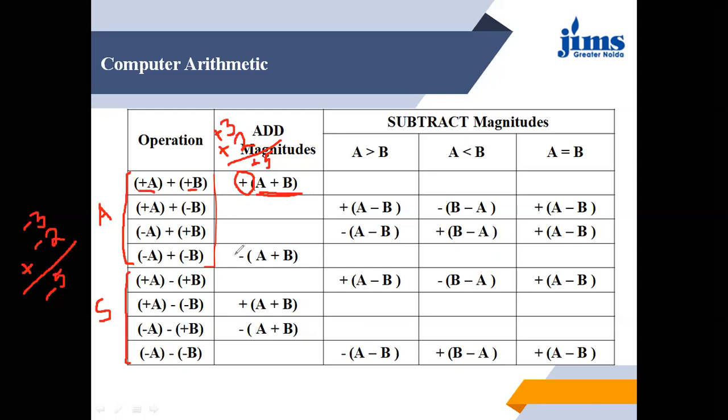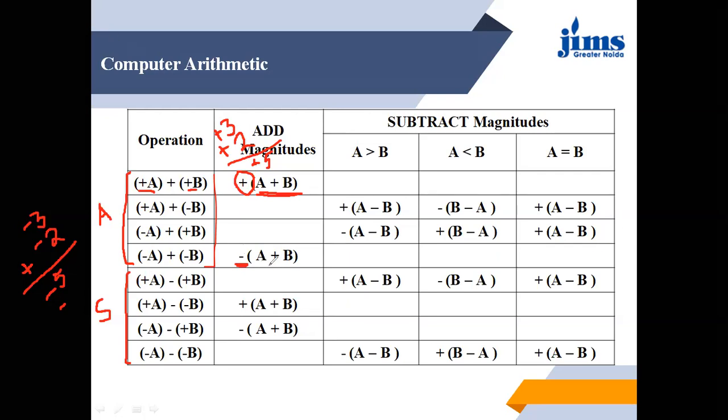So this was about the second case, where the sign is minus for the addition of A and B.